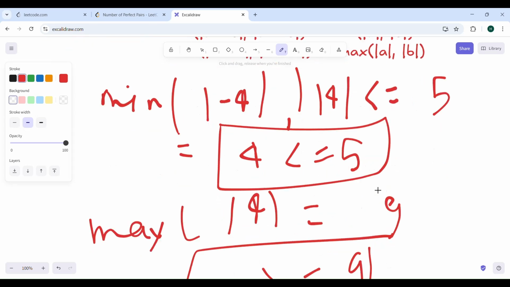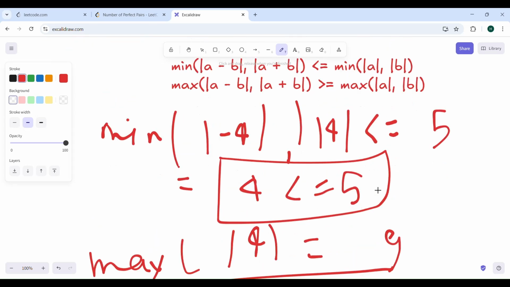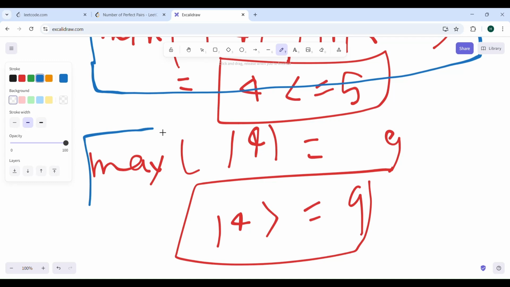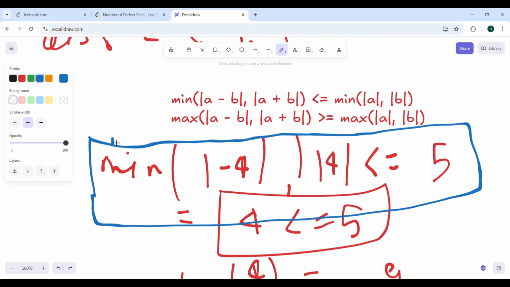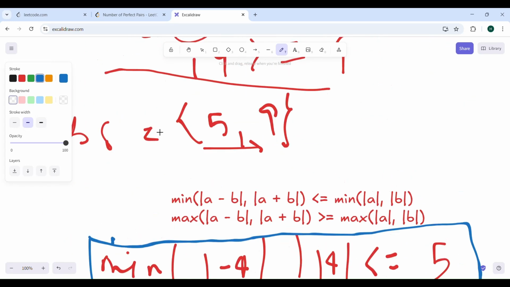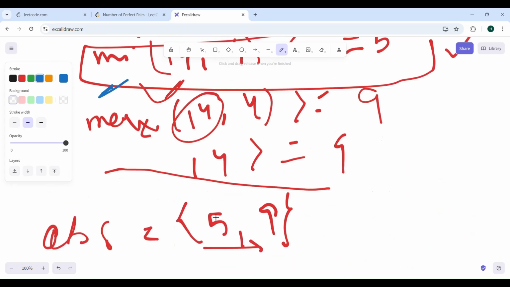And let me show you one more interesting thing. If you look at this equation, and if you look at this equation, both equations are the same, right? These are similar.